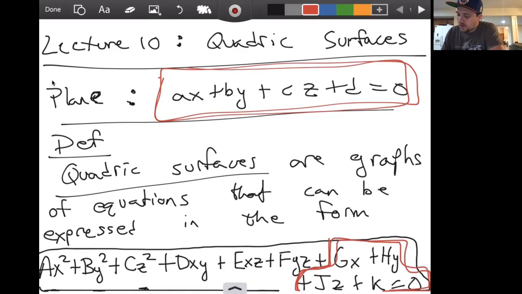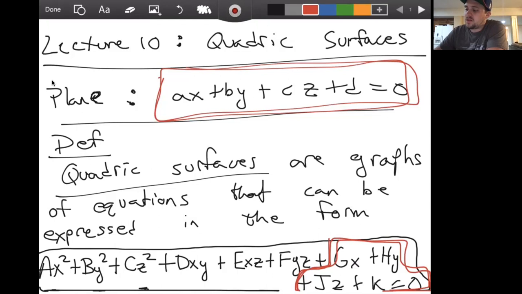And now we're flinging open the door and asking what can define a surface. The first natural question is: if I'm given one of these equations, how do I know what the quadric surface is going to be? What's the graph going to look like?